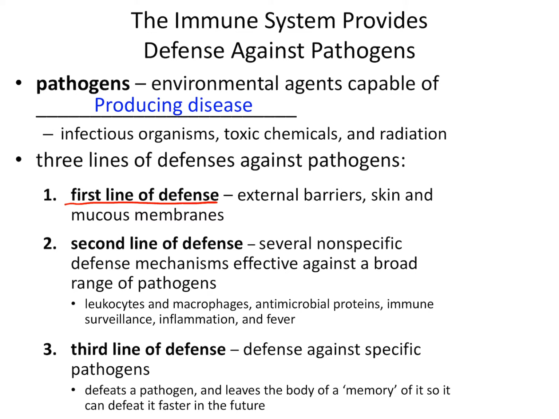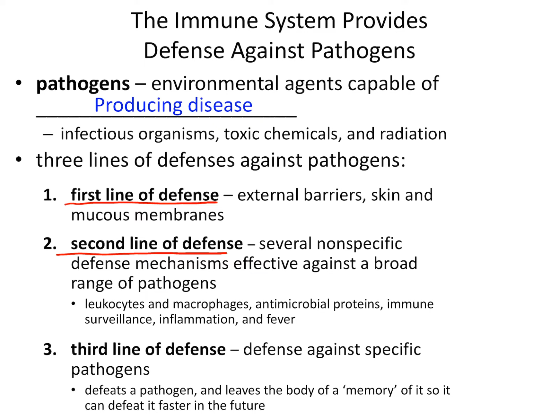Of course, the skin acts as a very effective barrier to prevent pathogens from getting inside the body. However, sometimes pathogens do get past this first line of defense, and the next line of defense they're going to encounter is our second line of defense, which is going to include several non-specific defense mechanisms that will be effective against a broad range of pathogens.